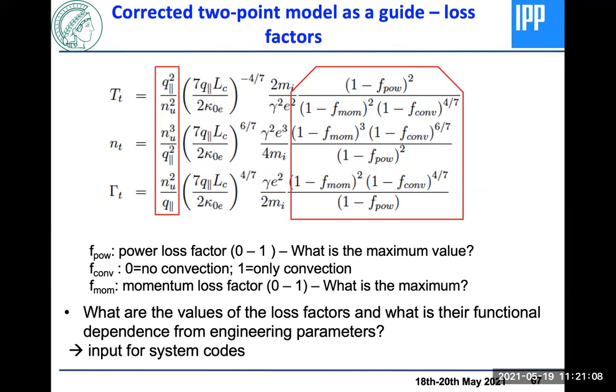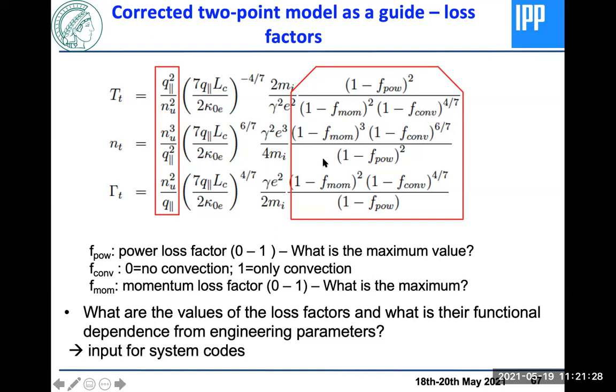And as soon as plasma flows to the target, heat is convected. So some part of the heat that we assume is conducted is in reality actually convected. And in order to take into account how much of the power is convected, one introduces this convective loss term.